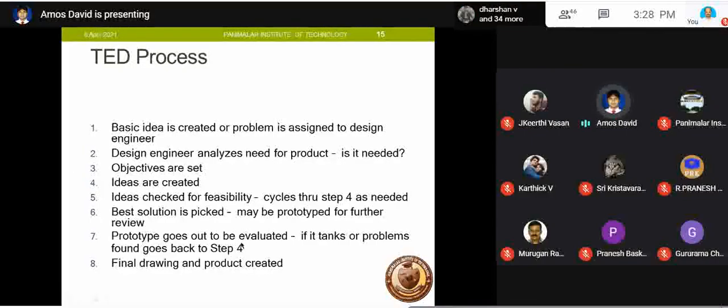All right. Then the prototype goes out to be evaluated. If any problems are found, it goes to step 4 again. So if there are any issues with the prototype while it is being tested, then it has to go back to idea generation. So it's not a simple thing.